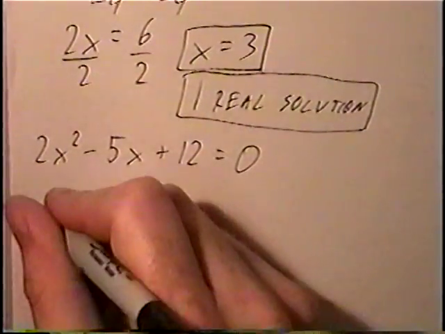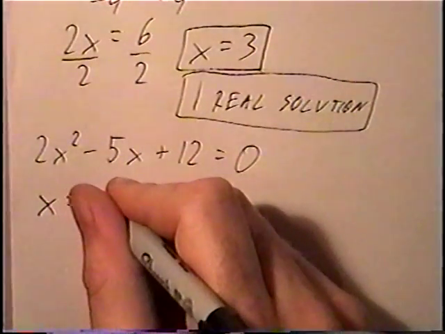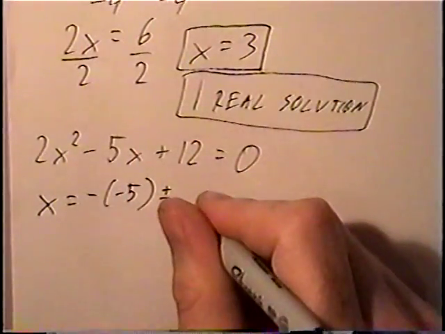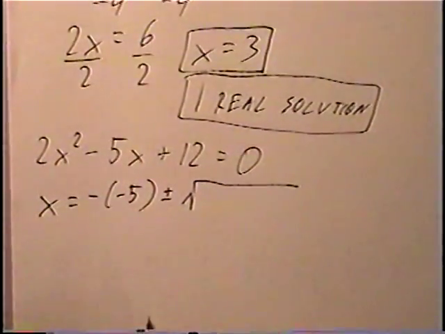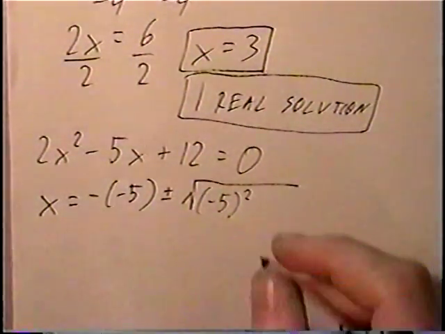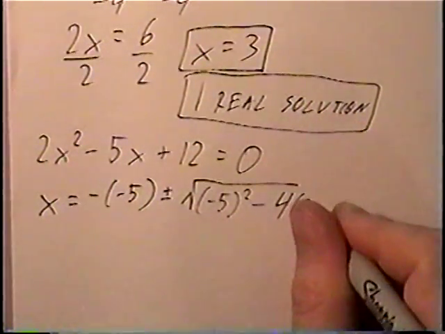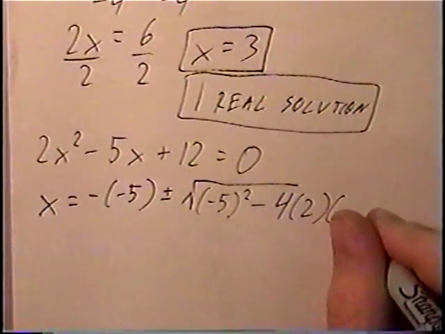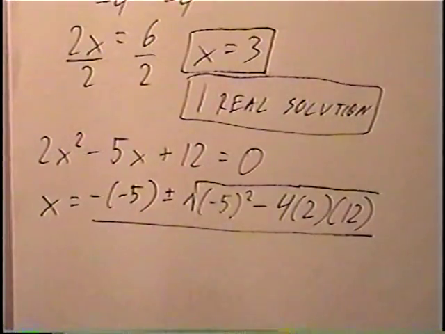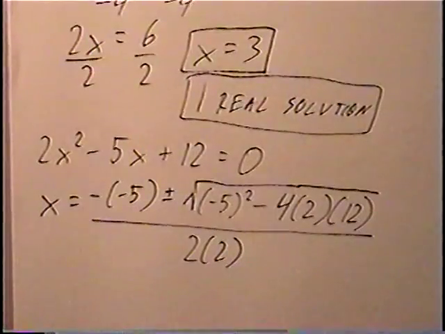If we use the quadratic formula, we'll have x equals negative b, which would be negative 5, plus or minus the square root, b squared would be negative 5 squared, minus 4 times a, which would be 2, times c, which would be 12, all divided by 2 times a, which would be 2 times 2.